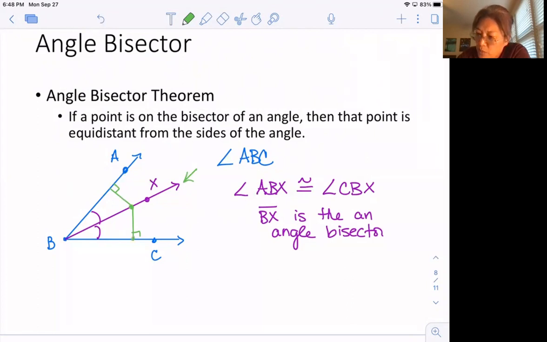So if I call this point P, and let's call this O and Q, that means PQ is congruent to PO. We also know that PQ is perpendicular to AB and PO is perpendicular to BC. Naming it. Now let's look at a couple of examples.